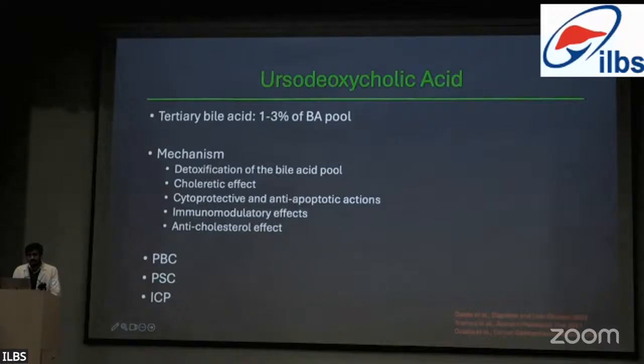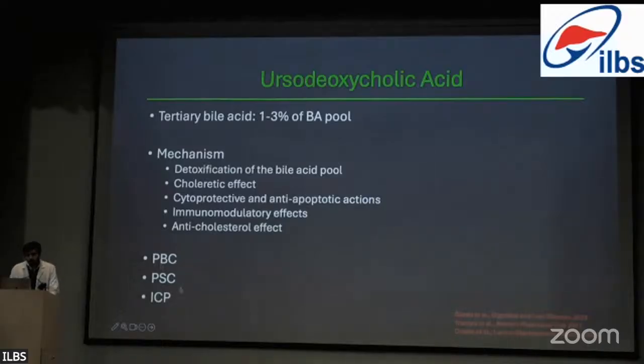So we have been using UDCA now for almost 20 to 25 years, and the most common indications would include PBC, PSC, and ICP. Many studies have shown a long-term benefit with PBC, improving the overall survival and the transplant-free survival. Problem is that about 40% of patients do not respond to UDCA.